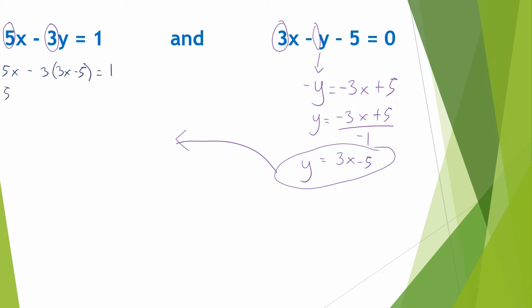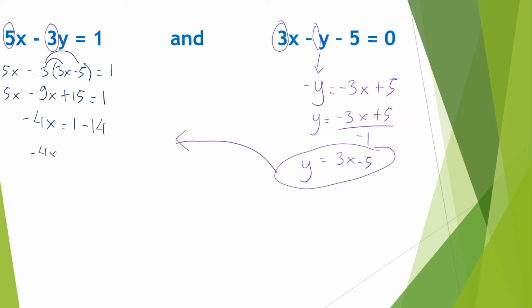So continue with 5x minus 3 times 3x, 9x, 3 times minus 5, minus times minus is plus 3 times 5, 15, equals 1. 5x minus 9x equals minus 4x, and we want to move the 15 to the right, so we change the symbol, it becomes minus 14.